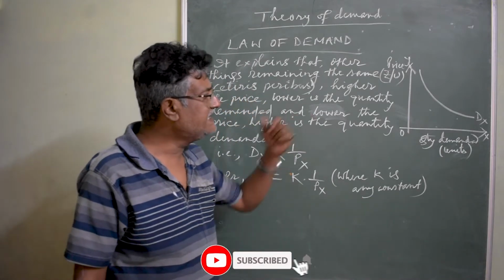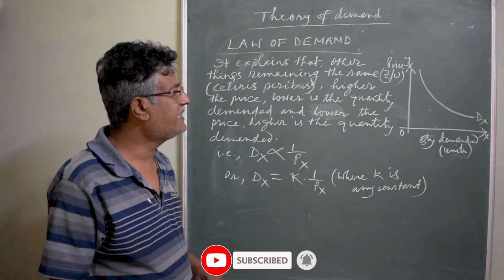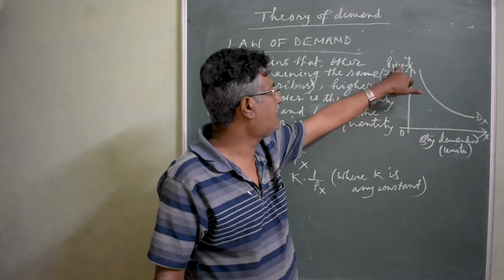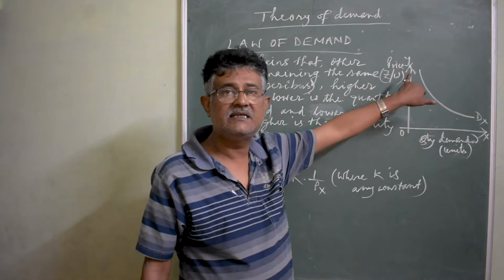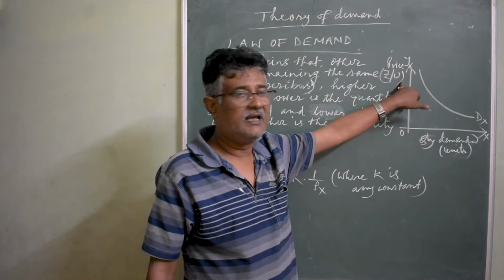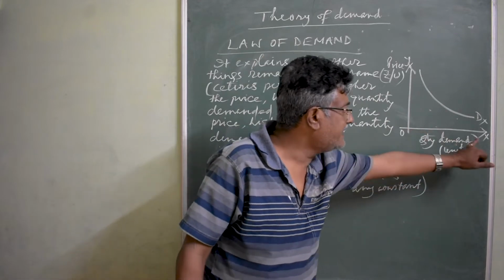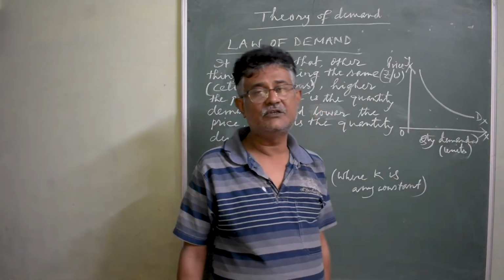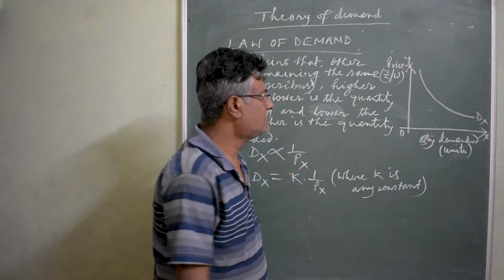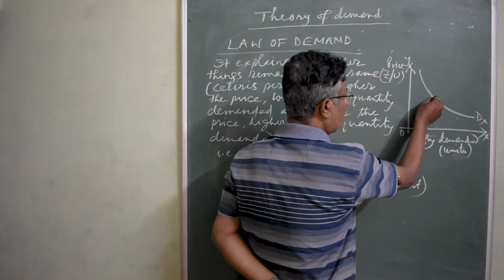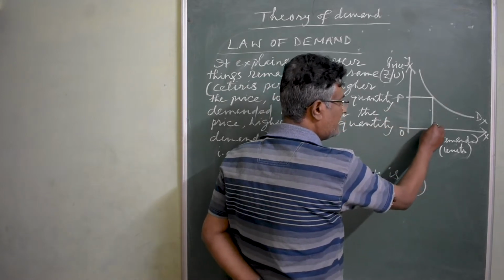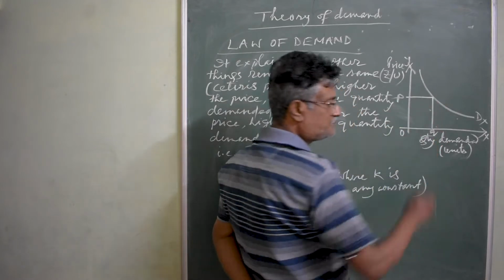Now, in the given diagram, you find that along the y-axis we are measuring the price of commodity X in rupees per unit, and on the x-axis we are measuring quantity demanded in units. Suppose the price of the commodity is OP. At this price, the quantity demanded is OQ.